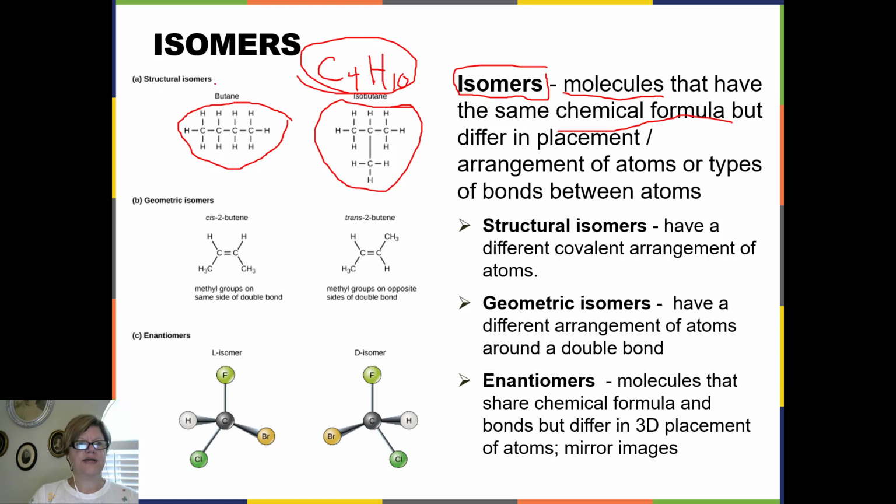And a structural isomer, like the example they gave here, has a different overall shape. Geometric isomer is kind of like a structural isomer, except there's a different arrangement around a double bond. So the giveaway for a geometric isomer is usually that there's a carbon to carbon double bond.